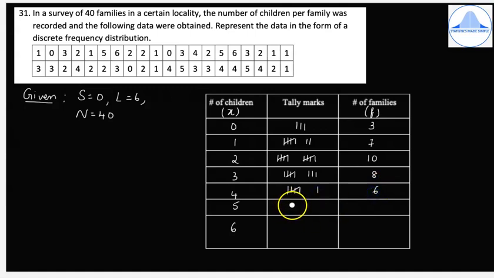Number of 5's are 4. Then write 4. And 6's are 2. So write 2. And next what you can do is you just add up all these frequencies. So you get capital N is equal to 40. So remember that a discrete frequency distribution will comprise of only the x column and the frequencies.